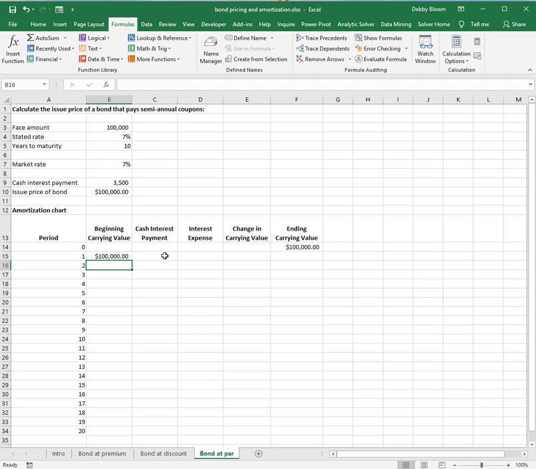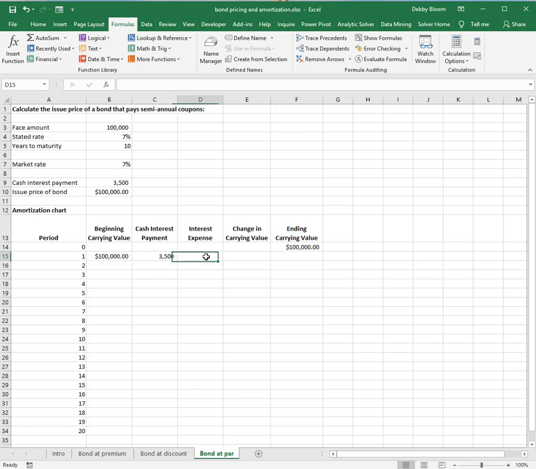Our cash interest payment has already been calculated in cell B9, so I'm going to type an equal sign, click on cell B9, and then type my F4 key on my keyboard to turn this into an absolute cell reference.